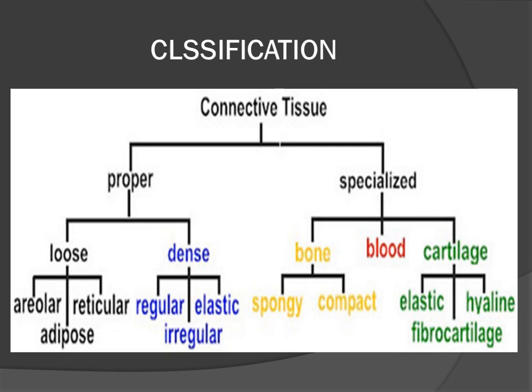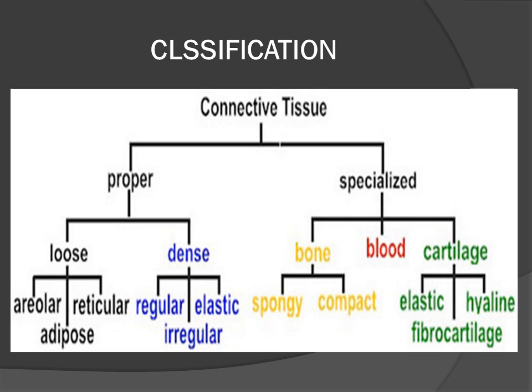Then loose connective tissue is further classified as areolar, adipose, and reticular: areolar loose connective tissue, adipose loose connective tissue, as well as reticular loose connective tissue. The second one is dense connective tissue, which is further classified into three types, namely regular dense connective tissue, irregular dense connective tissue, as well as elastic dense connective tissue.